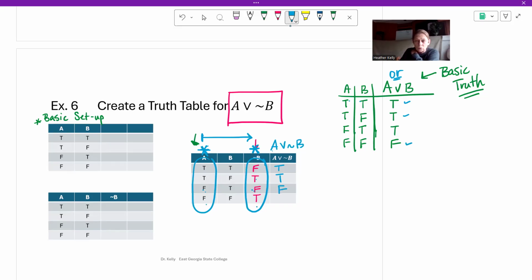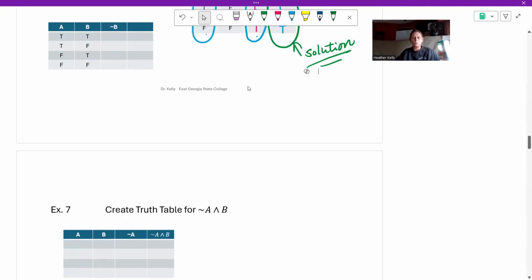And false, true is true. This is weird, but this is the answer. The solution is that column of your truth table. All right, let's do another one.